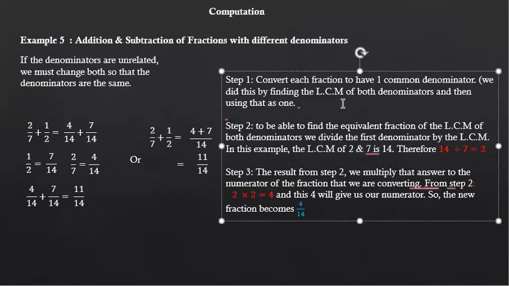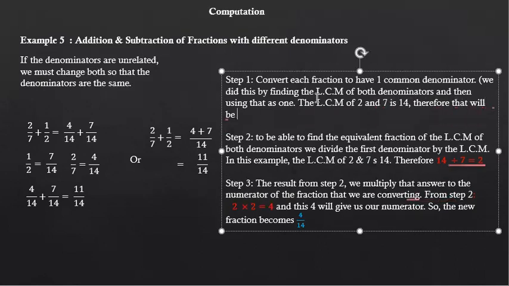Let me just add a note here so that you can take this down. The LCM of 2 and 7 is 14.